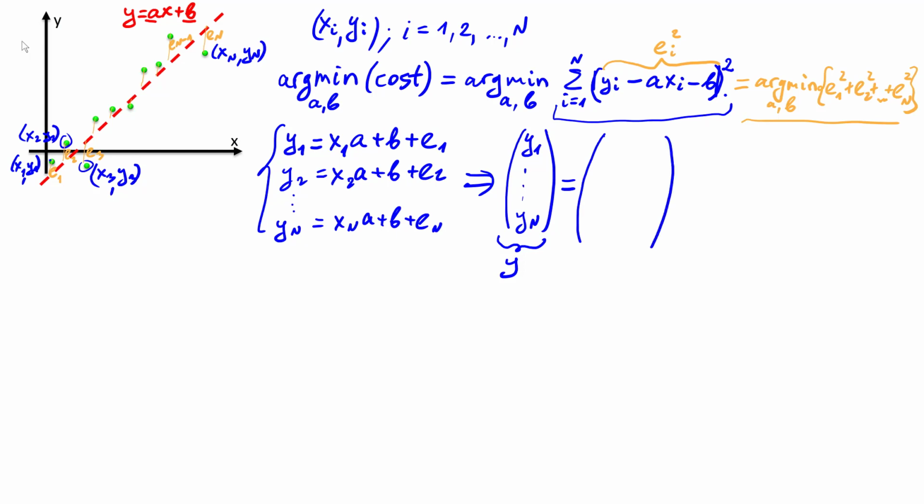This matrix will be n by 2, and we will call it matrix A, and it will include all of the x coefficients and 1s. It will be x1 1, x2 1, and so on. Here we will have only 1s, and here we will have x1 to xn, multiplied by coefficients a and b, plus the error vector.